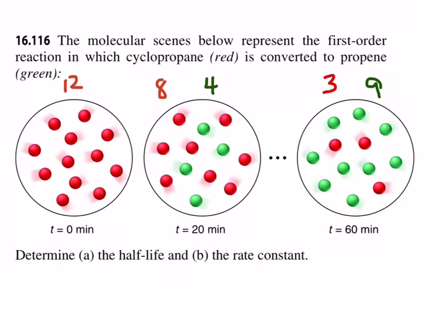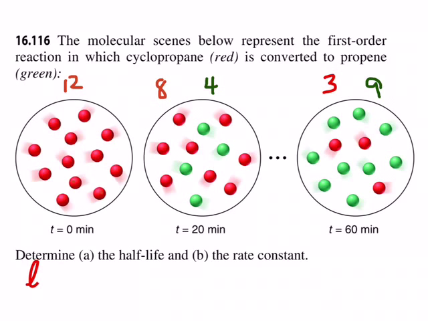At first I thought this might be a relatively simple question. If we had gone from 12 reds to 6 reds, we could tell easily what the half-life was. Or even if we'd gone from 8 to 4. Since we didn't have a nice drop in reds like that, we're going to have to use the integrated rate law.